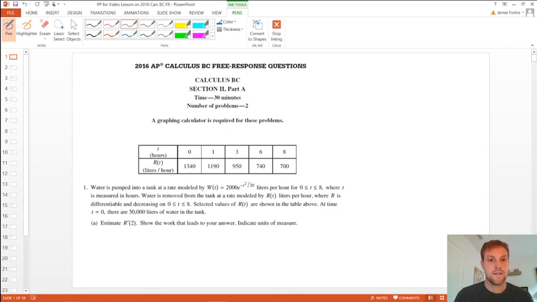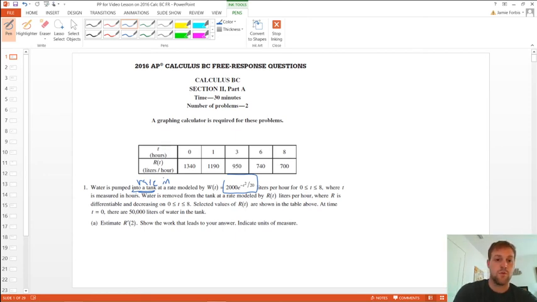This is Calc Active, and it looks like a chart problem, which we've seen a number of these. It says that water is pumped into a tank, which means rate in. We have a rate in modeled by this equation here, in liters per hour for 0 to 8, where T is measured in hours.